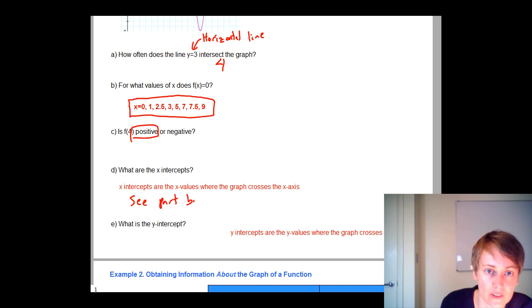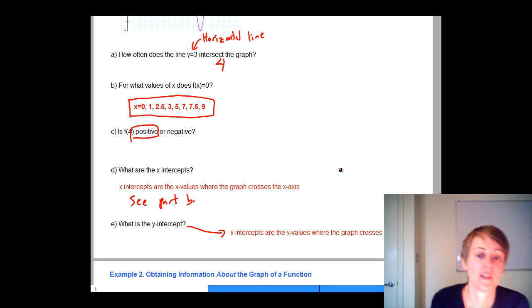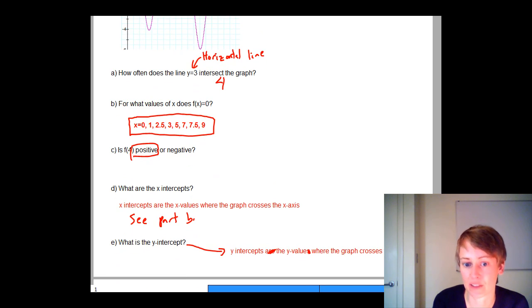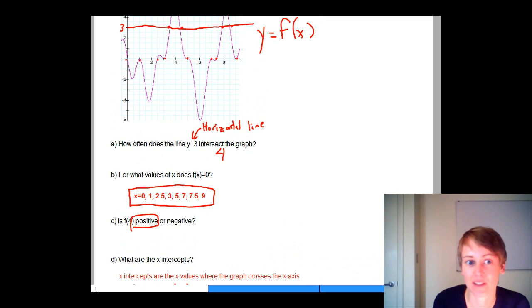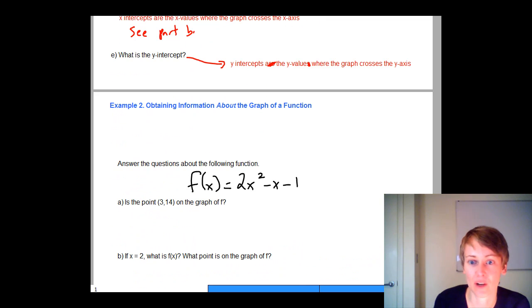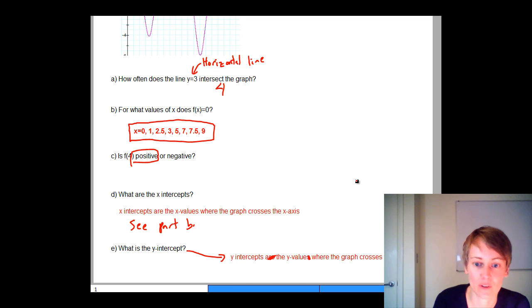E, what is the y-intercept? Well, the y-intercept, I already wrote that out too. Though that is really the y value, it should say, the y value where the graph crosses the y-axis. And I'm saying it's one value only if you're talking about a function, because if a graph crossed the y-axis more than once, it wouldn't be a function.